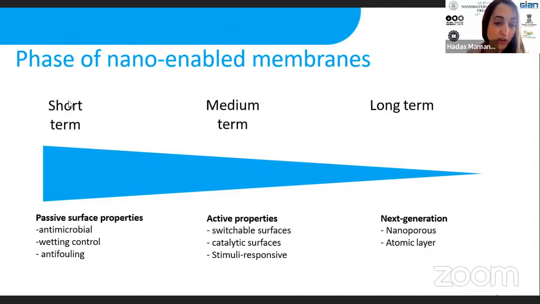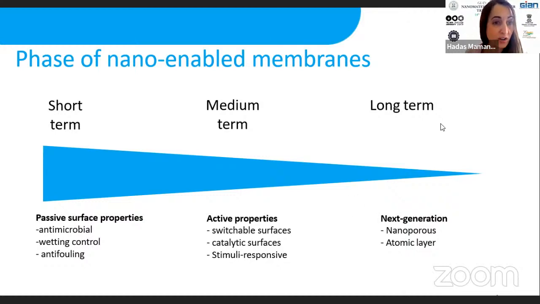Now, the short-term trends refer to passive surface properties, which are antimicrobial, wetting control, and antifouling. So I'll discuss a little bit about all these features. Then we have the medium-term trend, which looks at active properties, for example, switchable surfaces, catalytic surfaces, and stimuli responsive.